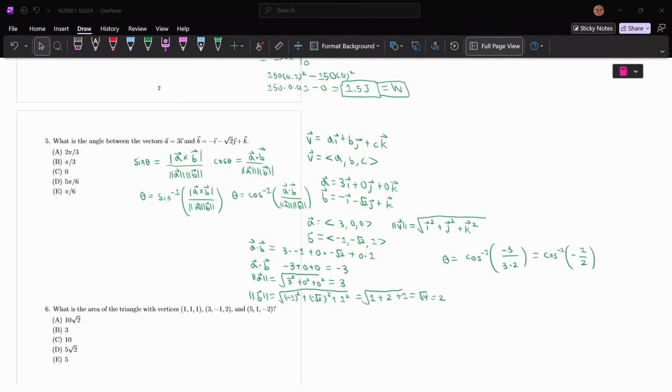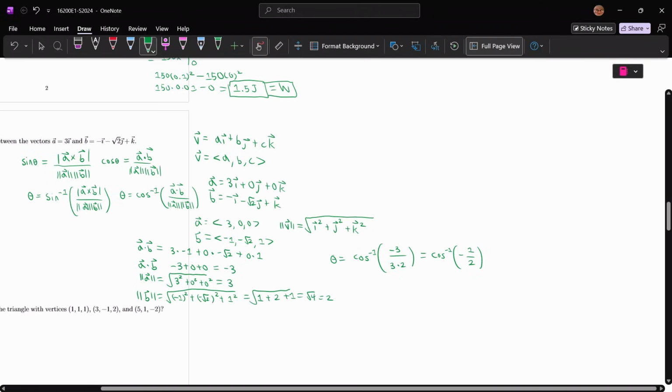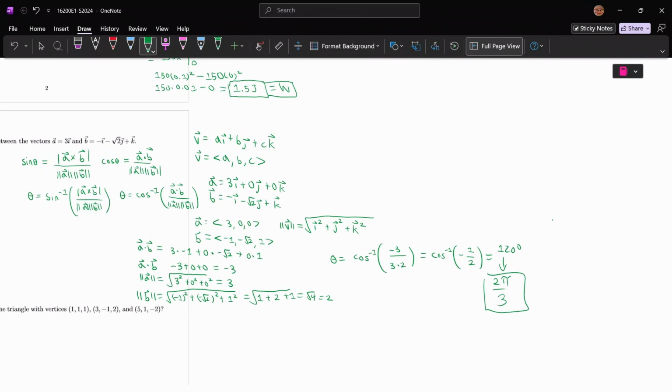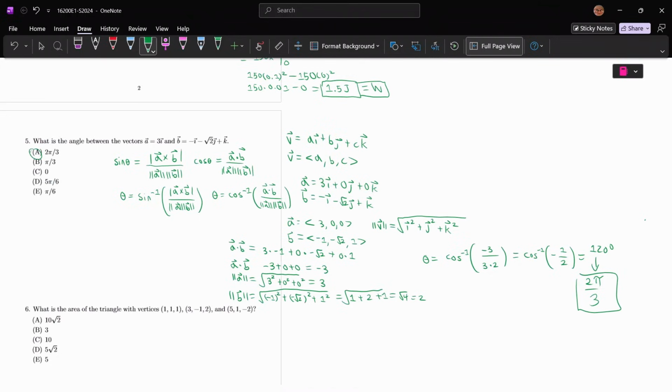Okay, I figured it out, the knowledge finally came back to me. The cosine inverse of negative 1/2 is equal to 120 degrees, which becomes 2 pi over 3. So matching that up with the answer choices, the answer to this question is A. Sorry about that little brain fart, but definitely try to memorize your unit circle in an actual exam.